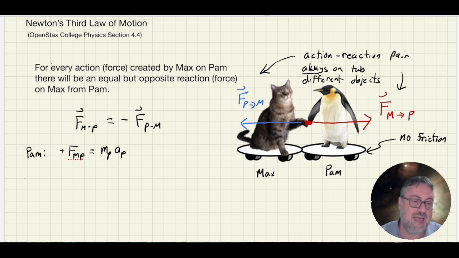Now, for Max, although they experience the same force, they're not going to experience the same acceleration. Max is experiencing a negative force, a force to the left. Although it's the same size, it's in the opposite direction. And that will be equal to Max's mass times Max's acceleration.